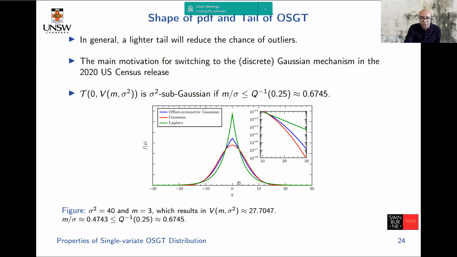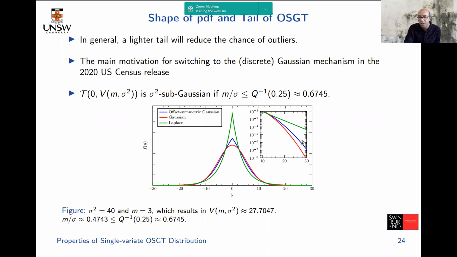As you see here, for smaller values of y, we have a scaled version of the Laplace distribution represented by OSGT, which is good. Then it still behaves like a sub-Gaussian with the rate of sigma squared.